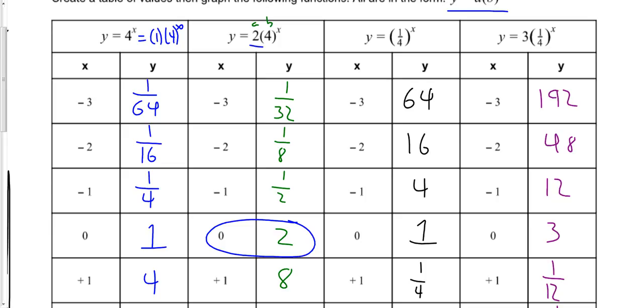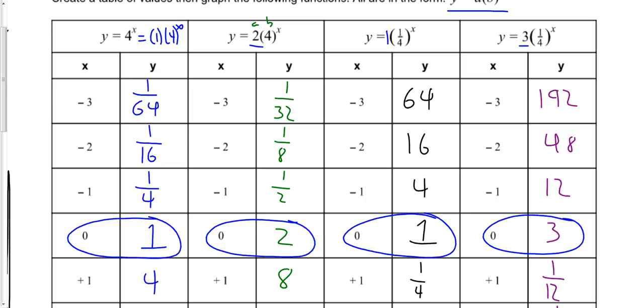Here, the a value is 1, and the y-intercept happens at 1. Here we've got a value of 3, and so the y-intercept is 3. Okay, so that's one thing that we can tell right off the bat.